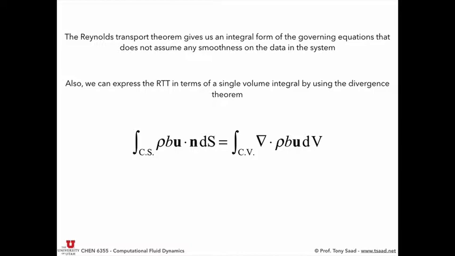So let me ask you this. If I have a velocity field that looks like this, okay, at any point in space, so this is the velocity vector u, obviously have two components, u and v. At this point, what is div u?